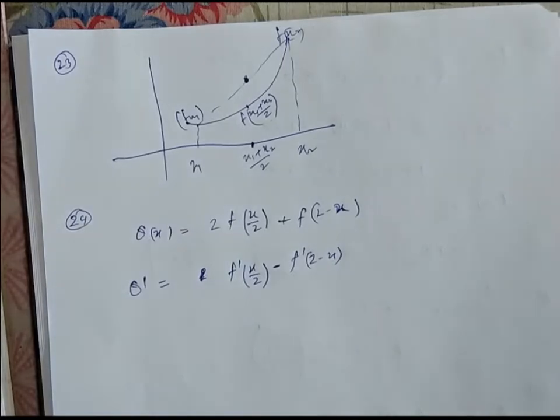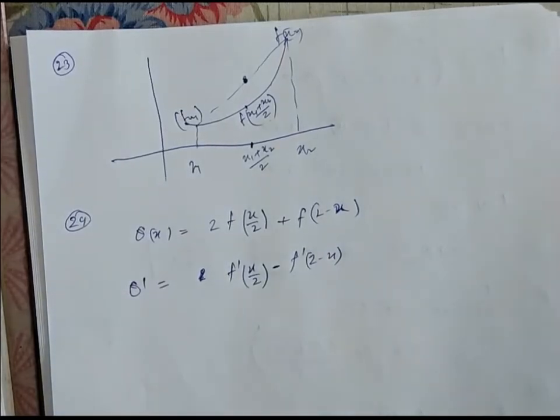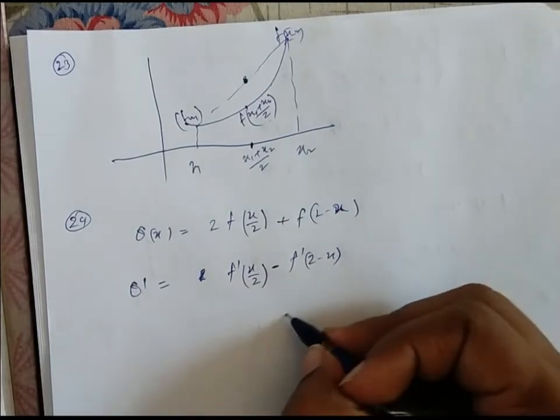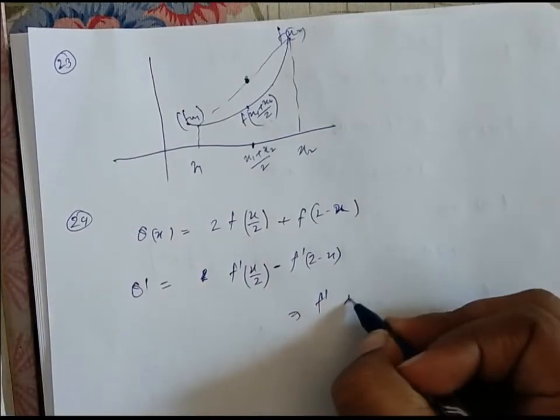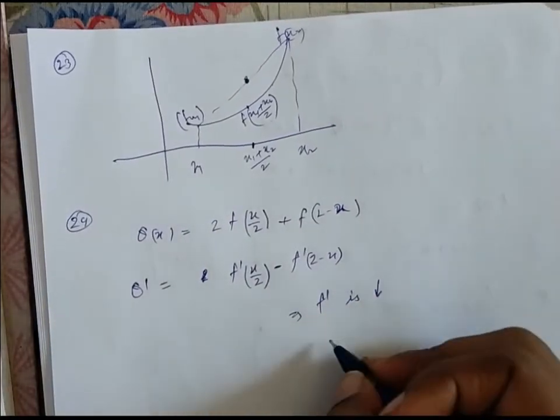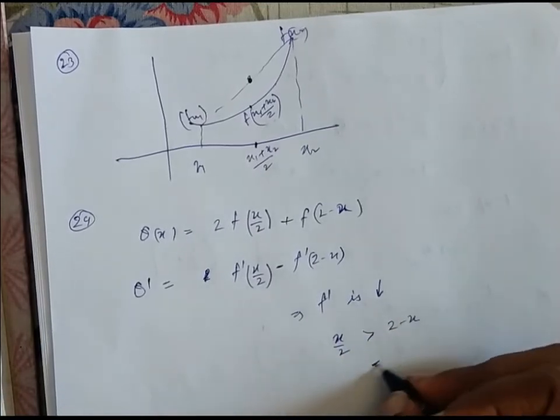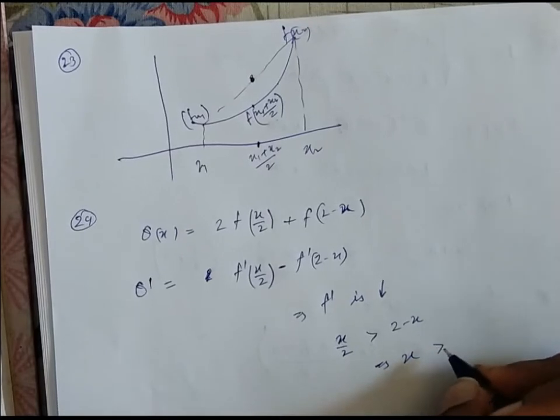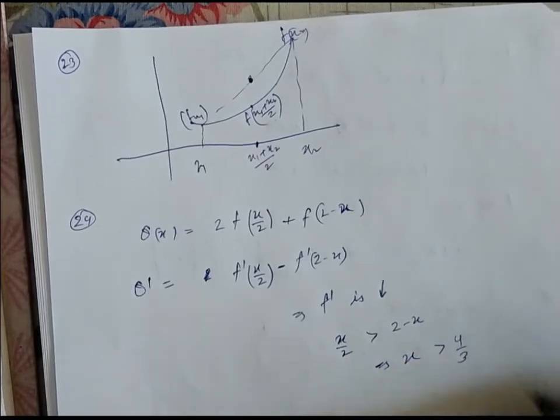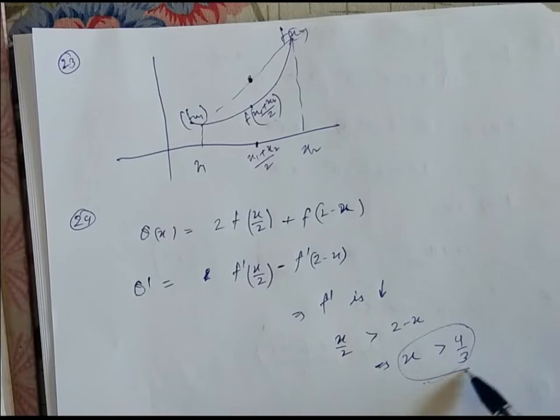So since f double dash is less than 0, this implies f dash is decreasing, and x by 2 is greater than 2 minus x. This implies x is greater than 4 by 3. So if x is greater than 4 by 3, this will be less than 0.